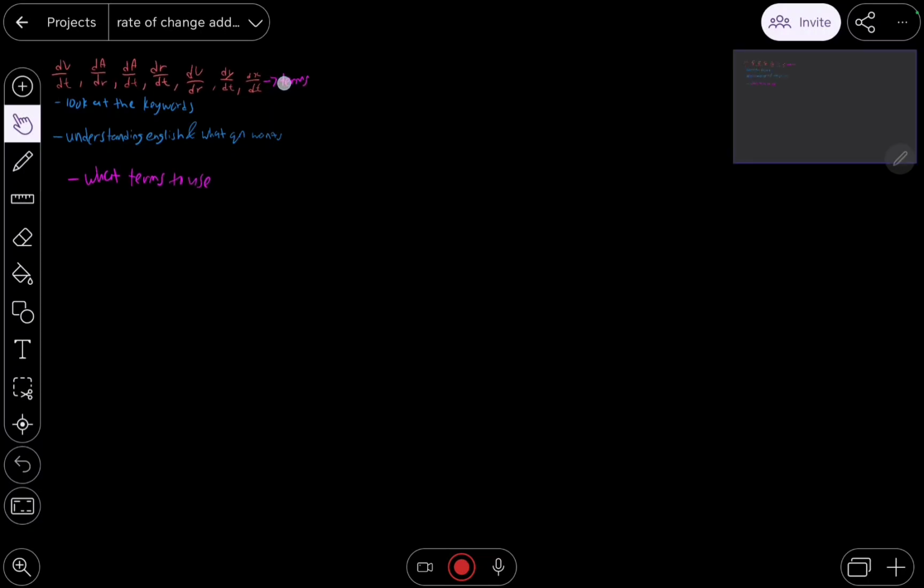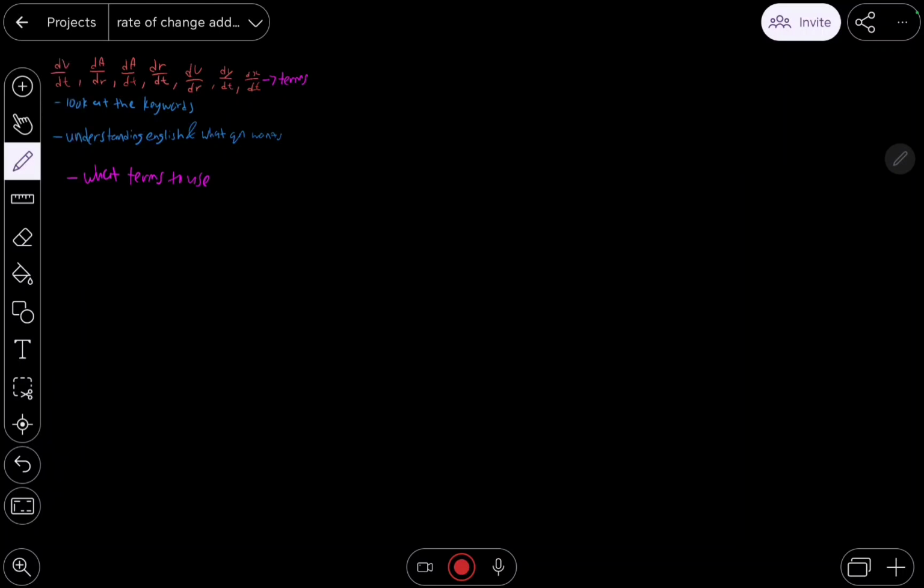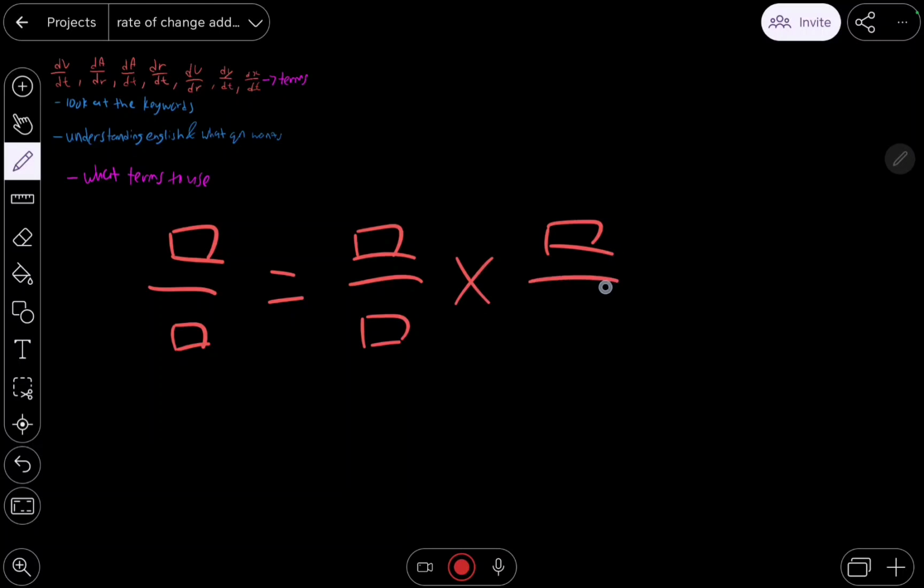Okay, and now we are going to look at what is connected rate of change. Alright, so your tutor might have told you about this step. Like they give you a fraction equals to a fraction times another fraction. Alright, so let's say your tutor will tell you, oh, okay, on the left hand side you will usually put what the question wants.